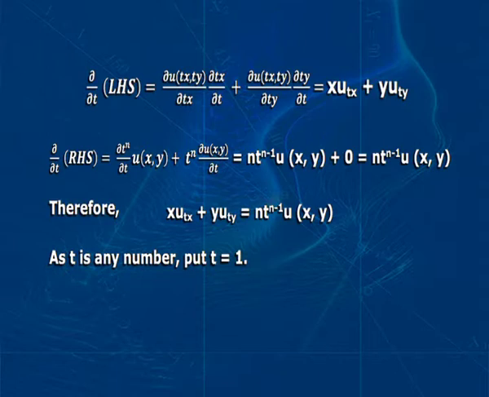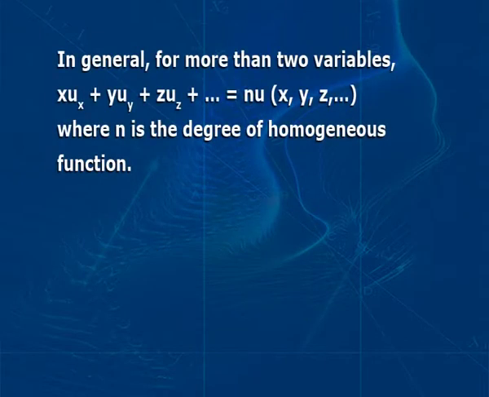As t is any number, put t = 1. So x ux + y uy = n u(x, y). In general, for more than two variables, x ux + y uy + z uz and so on is equal to n u(x, y, z and so on), where n is the degree of the homogeneous function.